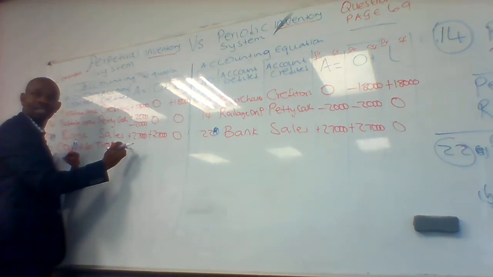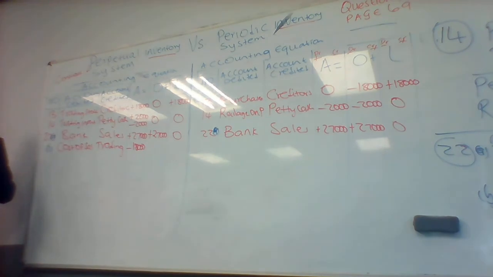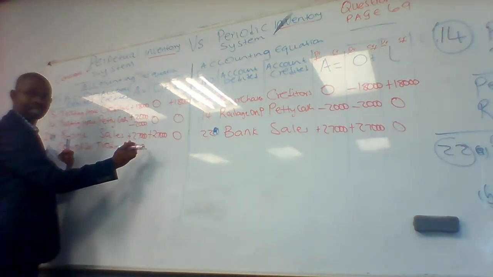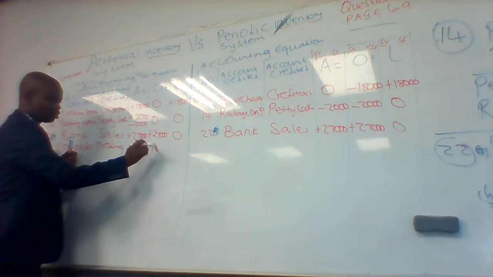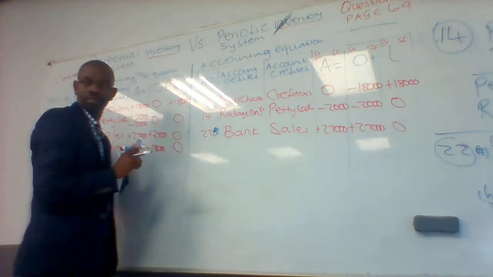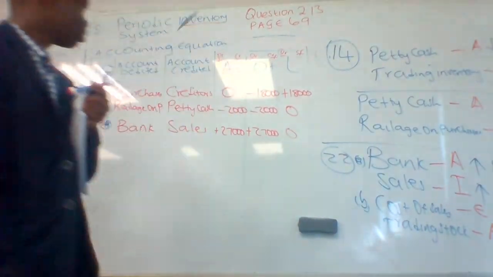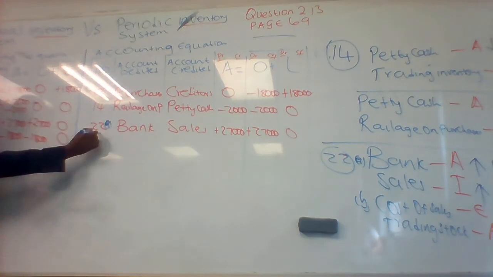How much? 18,000. Remember, check them. And then, under which column? Plus, minus. And? Okay, good.